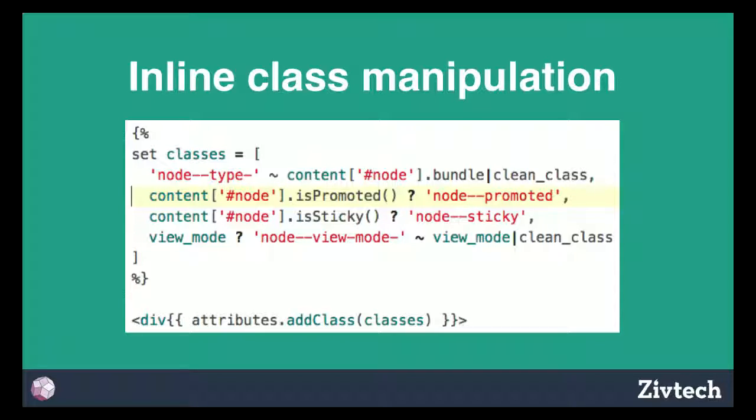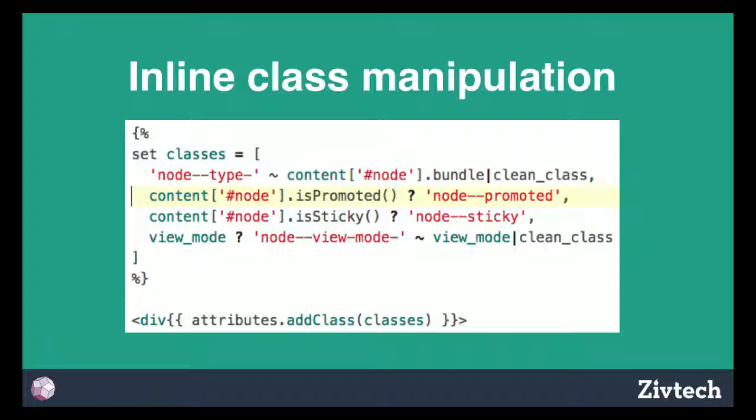Content hash node, so that's grabbing that attribute from this render array. Dot bundle, so that would be like the node type. And then piping it to this clean class filter, which automatically escapes it for HTML, downcases it, replaces the spaces with dashes, making a nice CSS safe class name following the Drupal conventions.